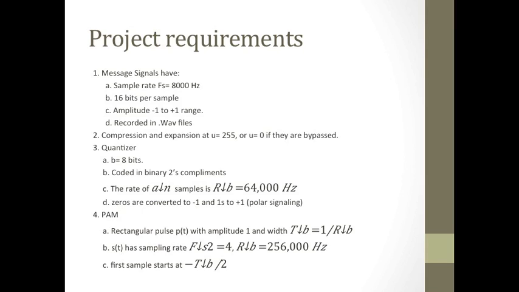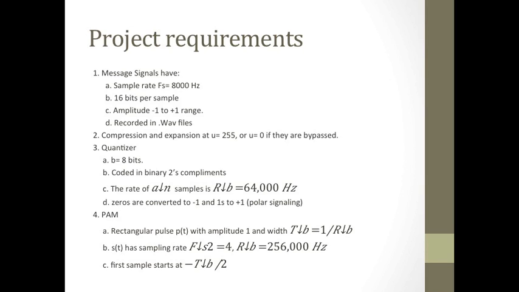The compression and expansion have the value of mu equal to 255, or otherwise 0 when these two blocks are bypassed. Thirdly, we have the 8-bit quantizer coded in 2's complement binary. It has a rate of 64,000 Hz. If a bit is 0 it gets converted to -1, and if it is 1 it gets converted to 1, which is, in other words, polar signaling.